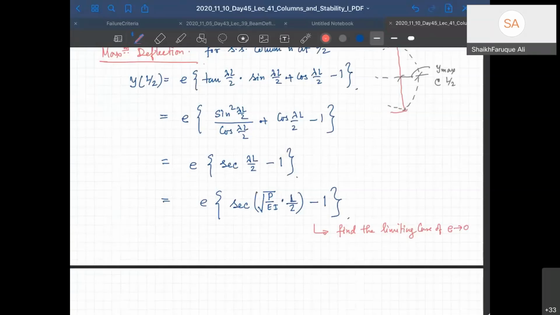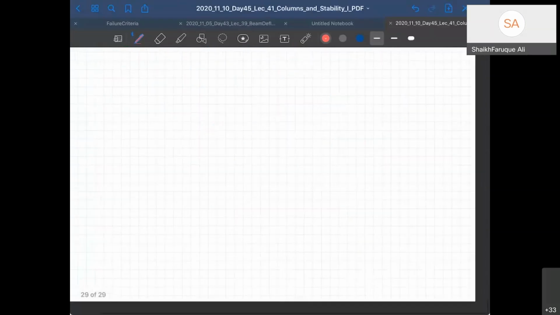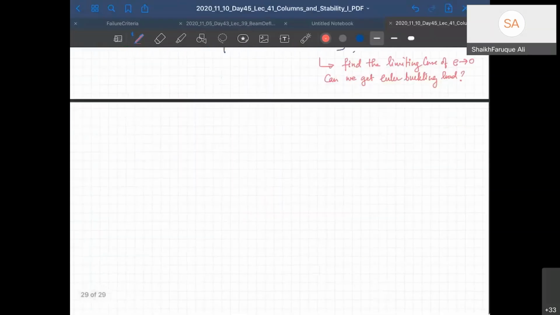Can we get back to the Euler buckling load? Try it and see whether it happens or not. Then probably you have to find your maximum moment, right? So there are a lot of things you can do now. After getting maximum deflection, what will be the maximum moment at the center, the bending moment with eccentricity? All these things you can find, right?